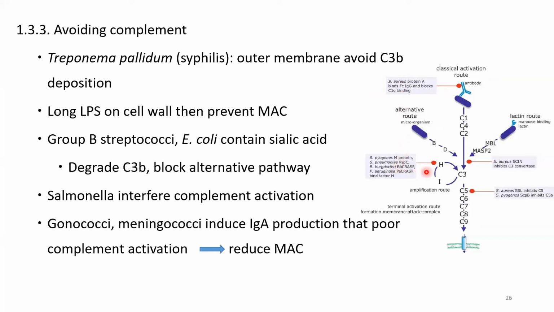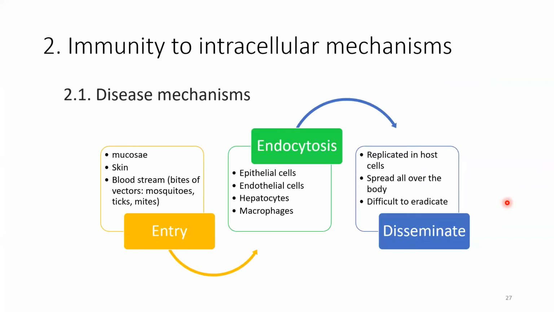Some bacteria can interfere with the stabilizing factor here or inhibit C3 convertase and inhibit C5a production, because C5a is the anaphylatoxin that can cause inflammation. So many bacteria have their strategies to avoid the killing mechanism by complement.